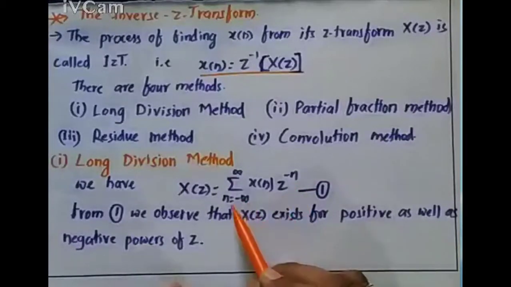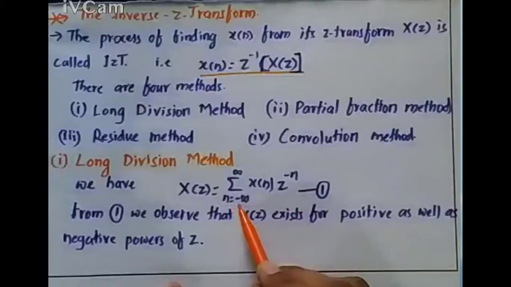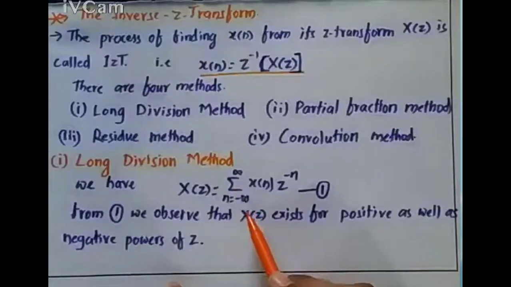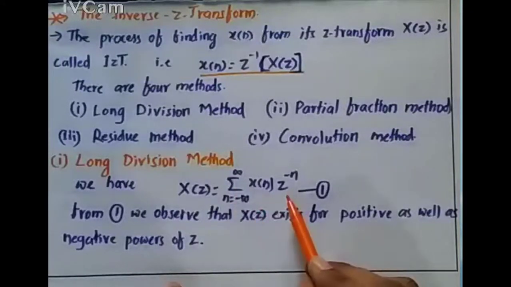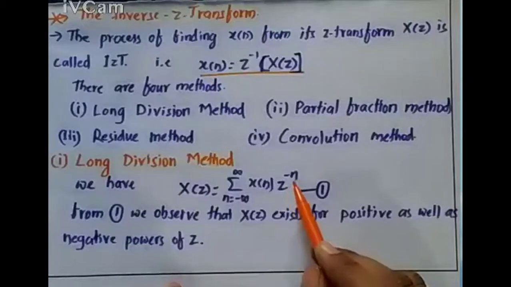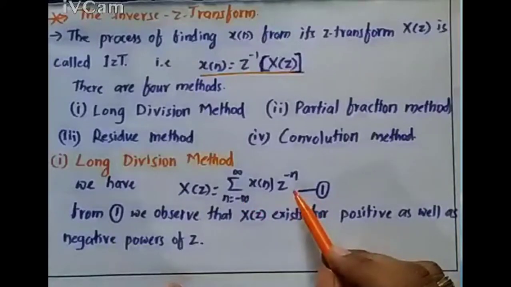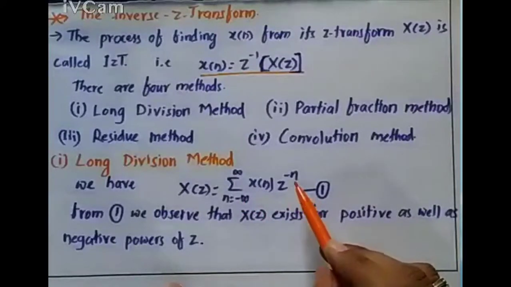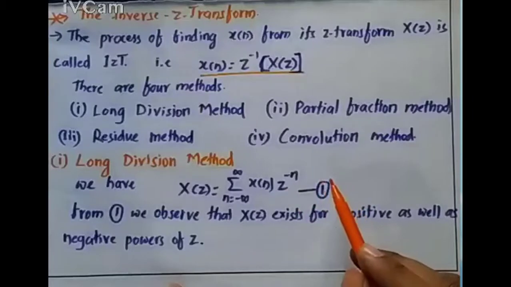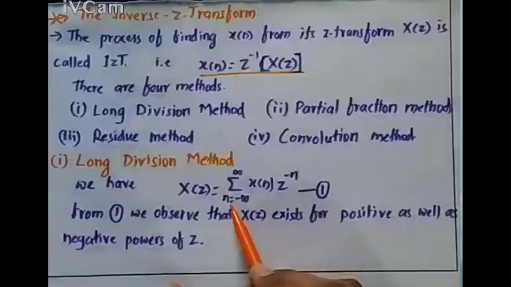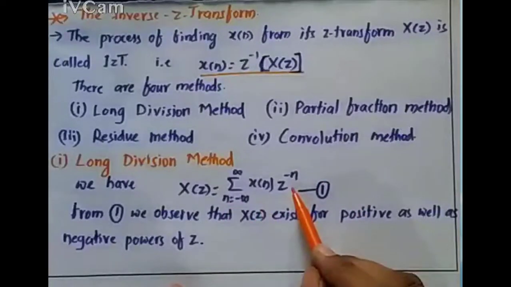Here n varies from minus infinity to infinity, right? If n values are negative, z will have positive powers. Like if n equals minus 2, minus 3, correspondingly z will be z power 2, z power 3 and so on. So for negative values of n, we get positive powers of z.